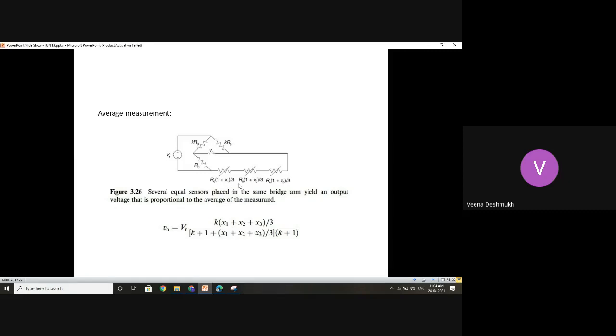These x1, x2, x3 factors can be different because they are connected to different points. So the variations happening in them are definitely different, and the linearity or non-linearity in those sensors is again different. So under such cases, when we are considering the averaging, the possibility of error getting introduced is more.